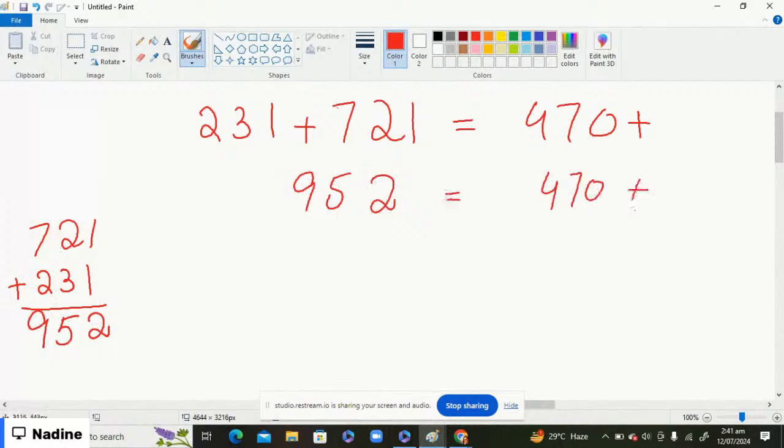So what we do now, we are just going to subtract 952 out of that number. Okay, so when you subtract 952 out of that number, what's the answer you got?